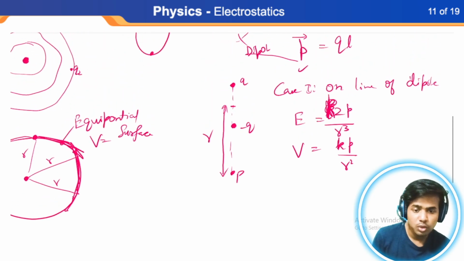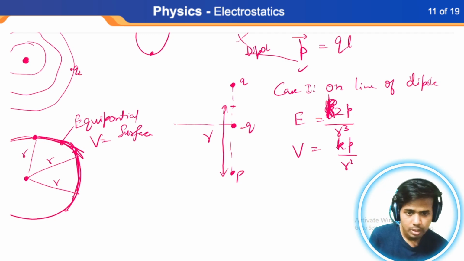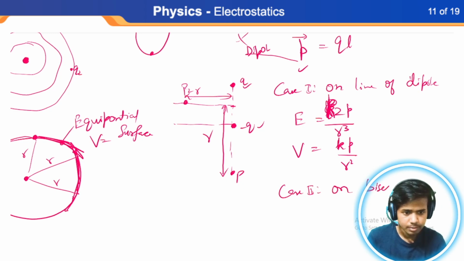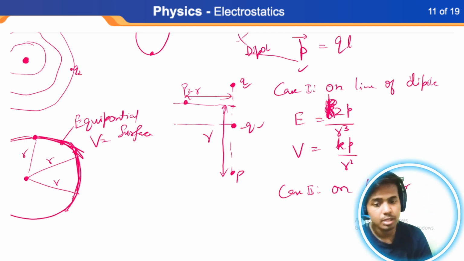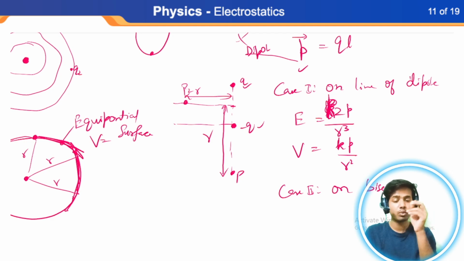But if you want to find out, let's say, at the bisector, मतलब उन दोनों charges के बीच में, this is a charge and this is another charge, then on this bisector, if you take any point, let's say point P2, which is r distance away, then इसके लिए on the bisector of the dipole, मतलब कि जो point अगर हम shortest distance find करेंगे from the dipole line, it will actually bisect the line.